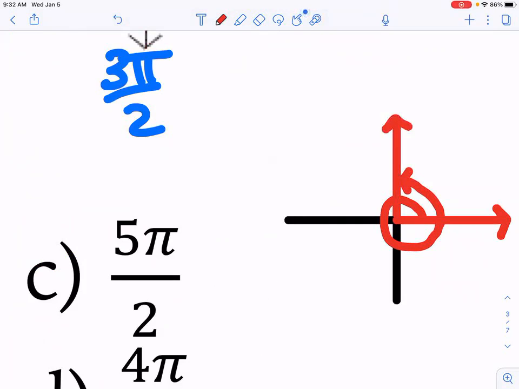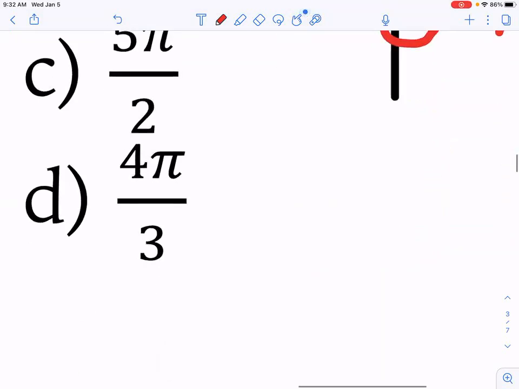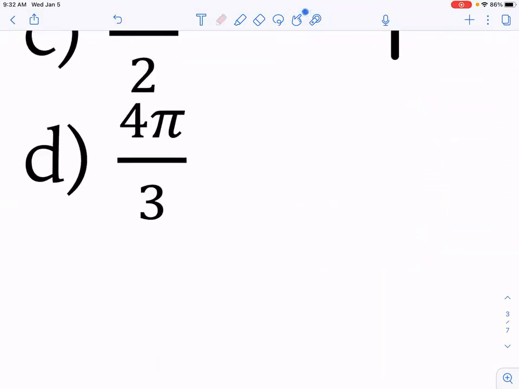Okay, so there's our angle. It looks like pi over 2, except we rotate an extra 2 pi. Okay, and we'll talk about what's special about that relationship here in about 5 minutes. Okay. All right, let's talk about one more angle to graph, 4 pi over 3.